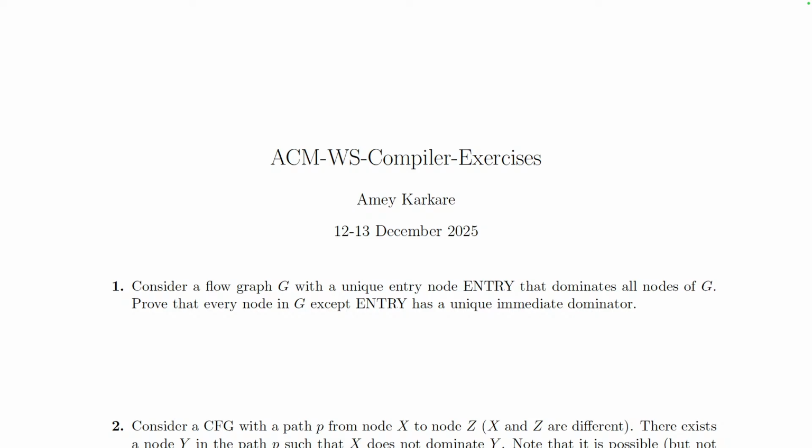What is the property? Every path from entry to X has to go through D1, and similarly every path from entry to X has to go through D2, which means every path from entry to X has to go through both D1 and D2.